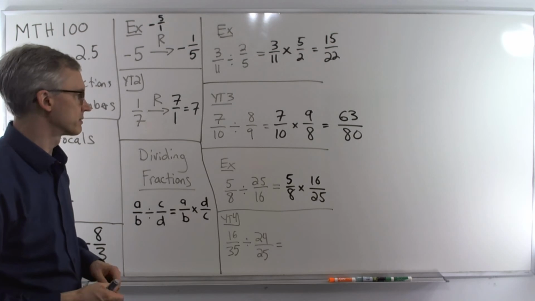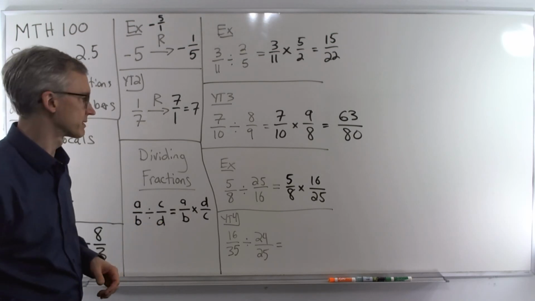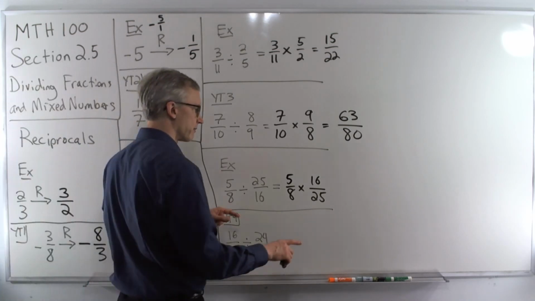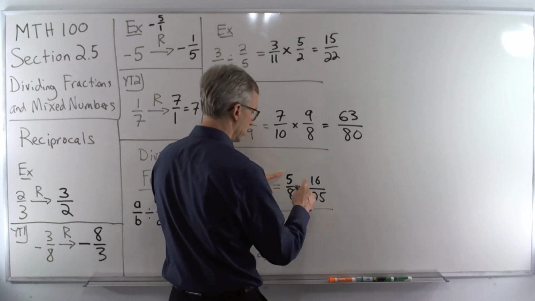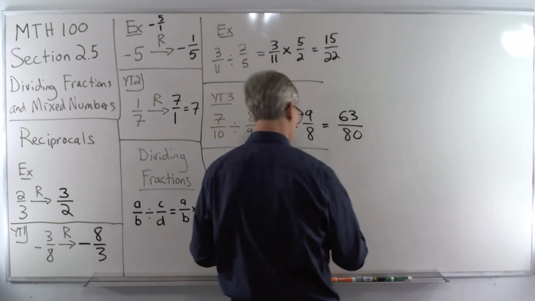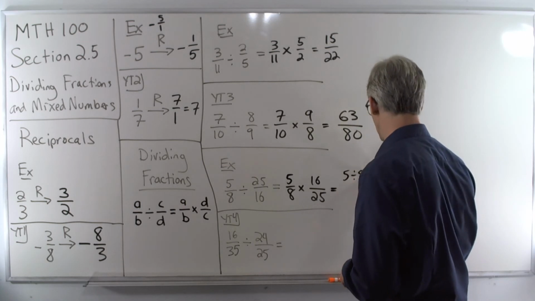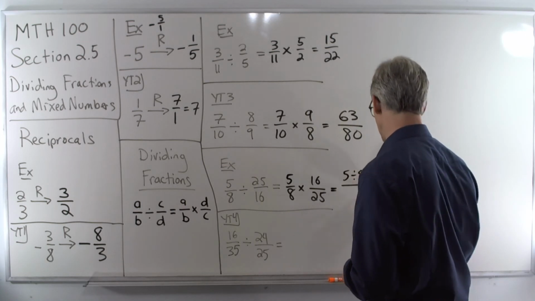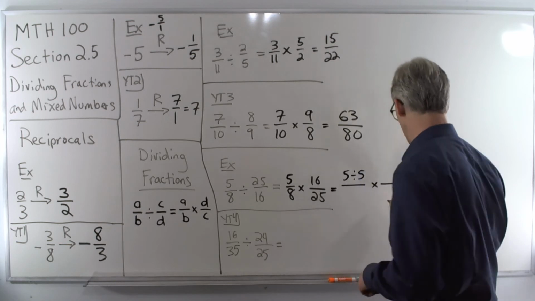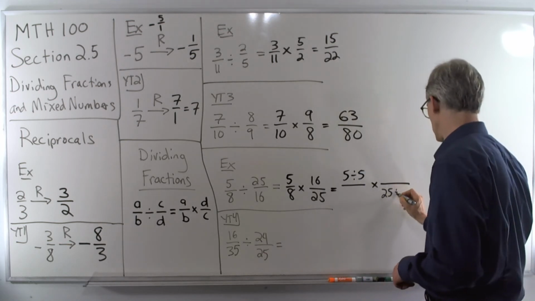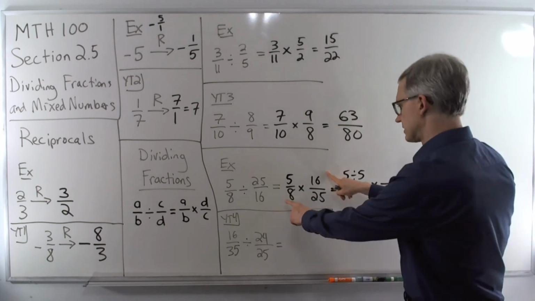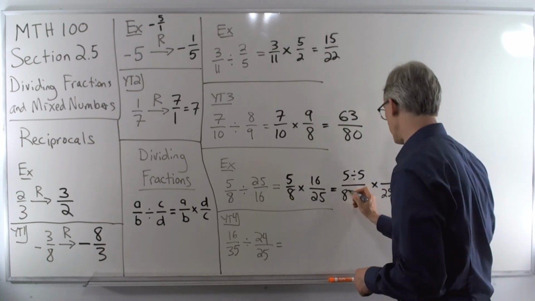Now there will be times, just like with the multiplication problems last time, where we can do some simplifying before we do the multiplication. Notice we have 5 here and 25 here. So we'll divide both of those by 5. And then with 8 and 16, we can divide by 8.